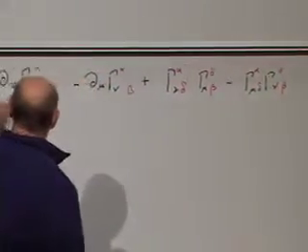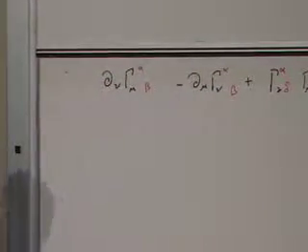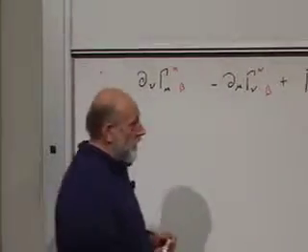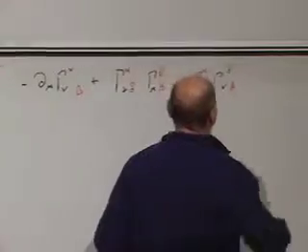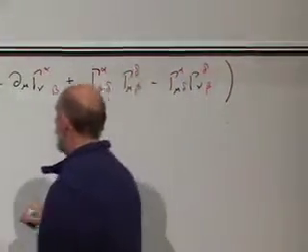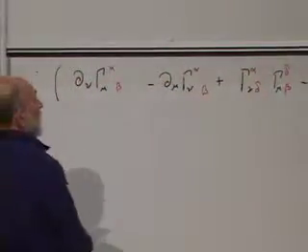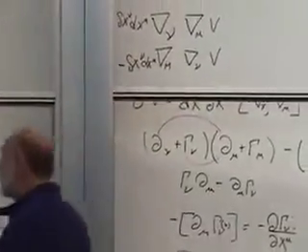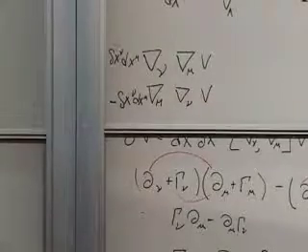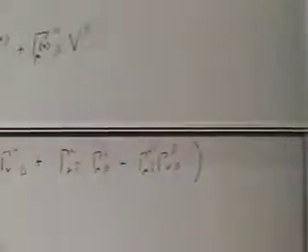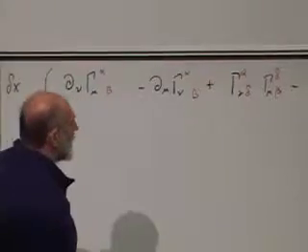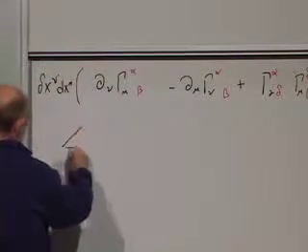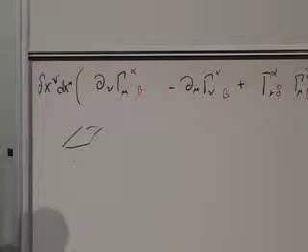And what's the whole thing? The whole thing is the curvature tensor. But what do we do with it? What we do with it is we multiply it. First of all, we multiply it by delta x nu and dx mu, that's our little rectangle, or the sides of our little rectangle.